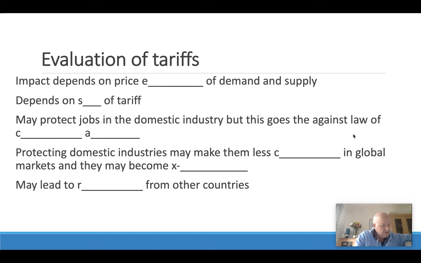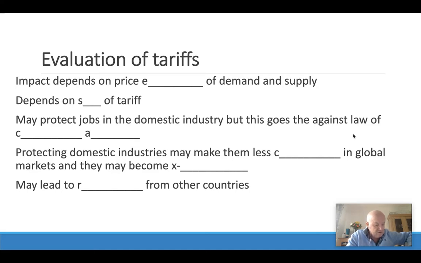In some cases, there is some content on sheets all the way through from page 37 through to, I think, page 43, or maybe not page 43, certainly page 41, where there are various examples of, in this case, reasons for restrictions on free trade. Okay, so I'd like you to complete those sheets, but we'll go through it step by step in the first instance and make sure that this all makes some sense to you.